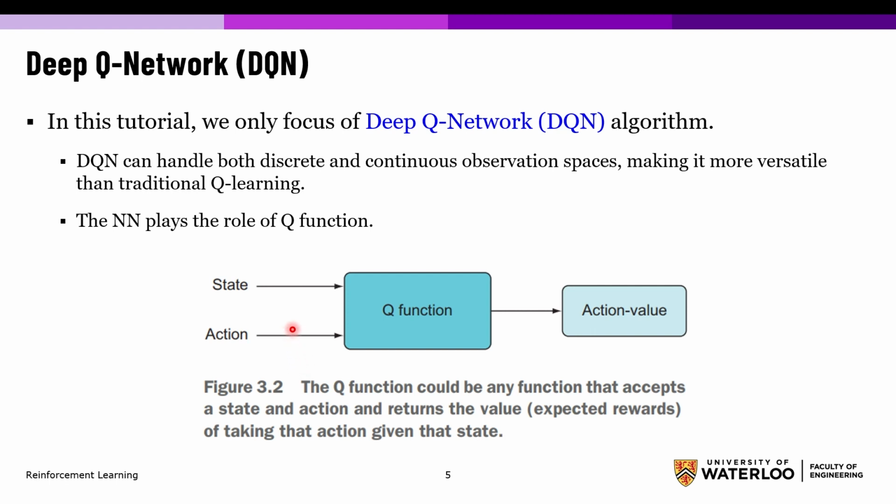But here we are considering the simplest network, a 1-layer, 2-layer, or 3-layer neural network that plays the role of the Q function. So DQN can handle both discrete and continuous observation spaces, meaning state spaces, making it more versatile than traditional Q-learning.